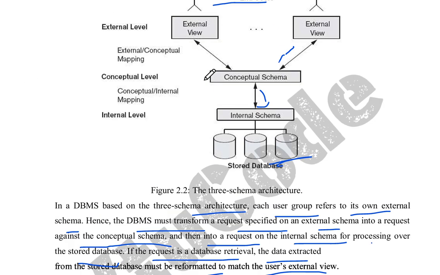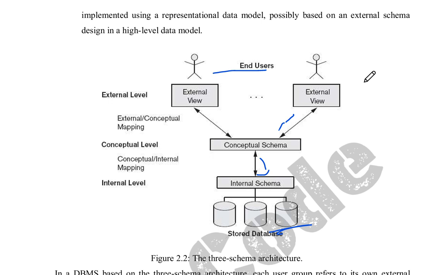What it states in this diagram is that there are many end users, and an end user requests a particular operation on the conceptual schema, and that operation may be data retrieval or writing into the data. If he requests data retrieval from the conceptual schema, this conceptual schema then transforms the request into the internal schema where the data is stored.